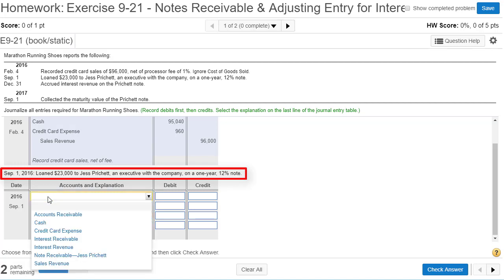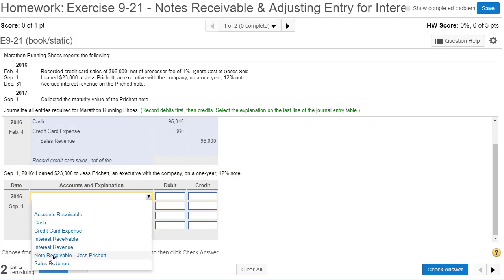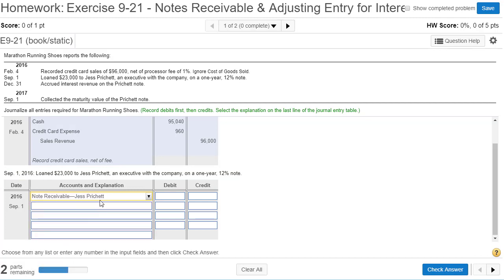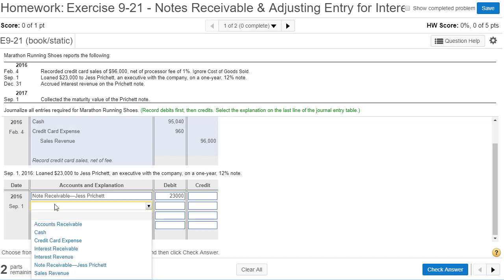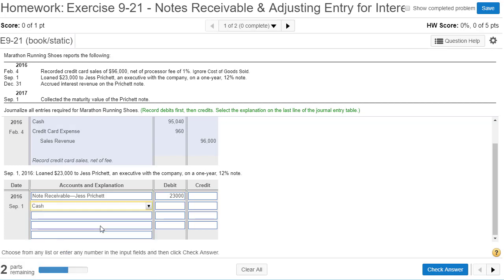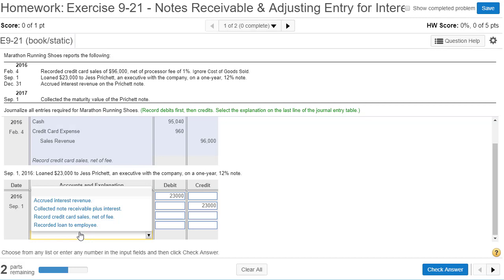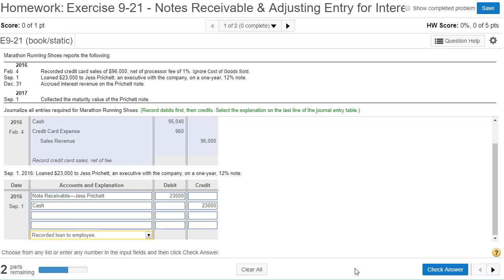So we now have an asset called notes receivable, and we attach the name of the person who owes us the money, and the note, which is a loan, is $23,000. And we have to give Jess $23,000 of cash. Recorded loan to an employee.